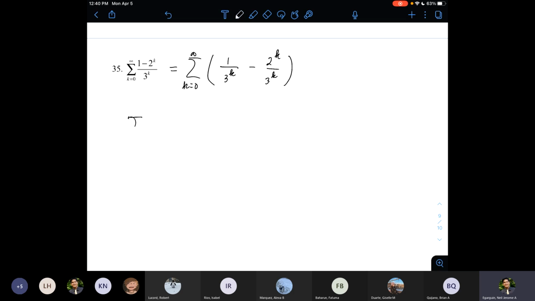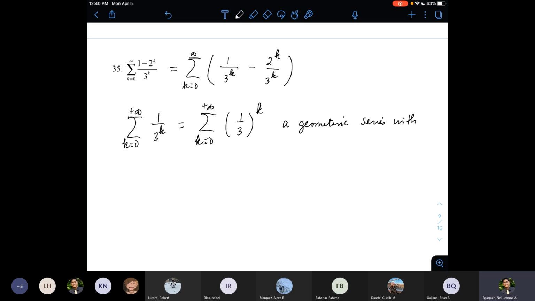So if you look at the summation of 1 over 3 to the k going from 0 to infinity, you can write it as the sum from 0 to infinity of 1 over 3 to the power k, which is now clearly a geometric series with a equal to 1 because there is no multiplier there, right? And common ratio is 1/3.